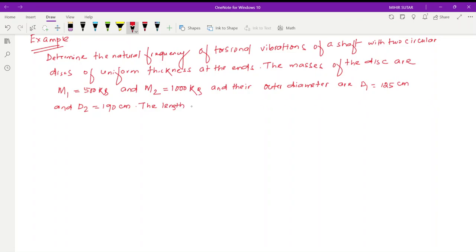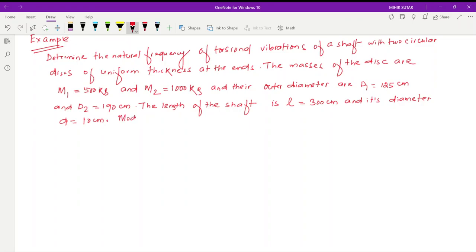Now the length of the shaft is L, which is equal to 300 centimeter, and its diameter D is 10 centimeter.